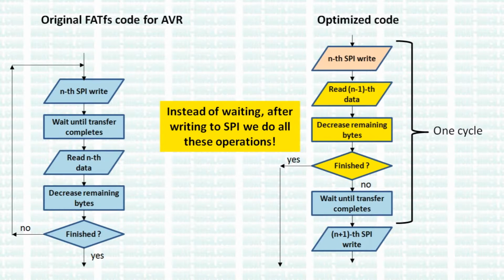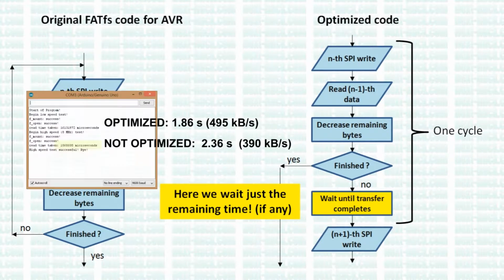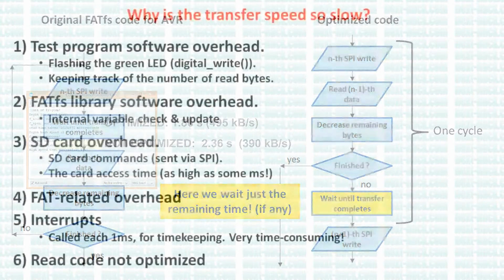We also perform other operations, such as decreasing the number of remaining bytes and checking if there are any bytes left. At the end of the cycle, we must wait, as we don't have any more useful things to do. Still, in this case, we just wait for a much shorter time. Let's go back to the list.